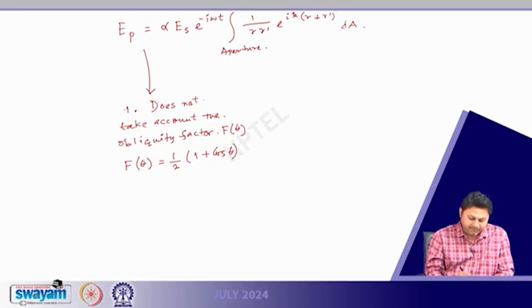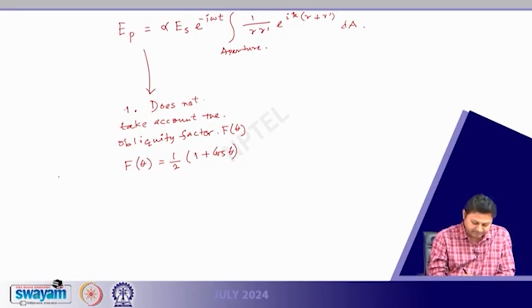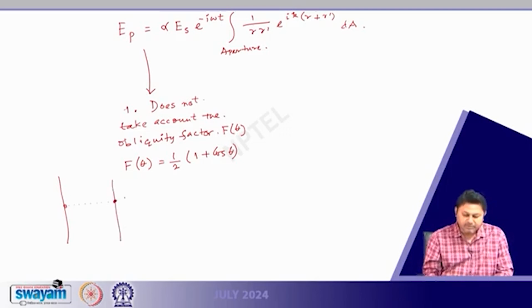If I have a source here and I want to find the field here, then theta is 0, so f theta is 1.